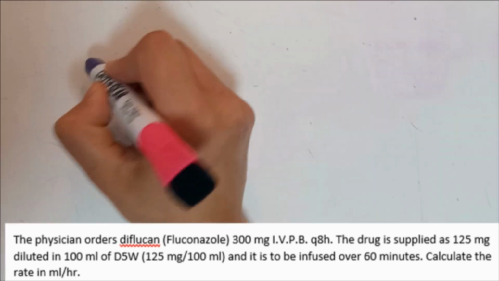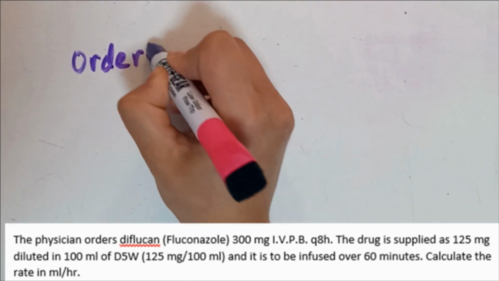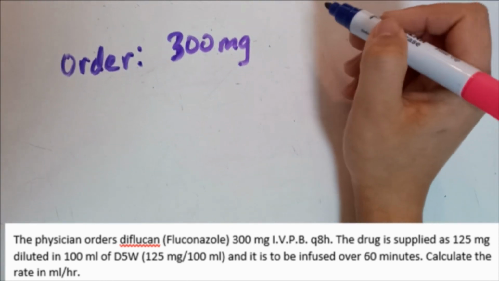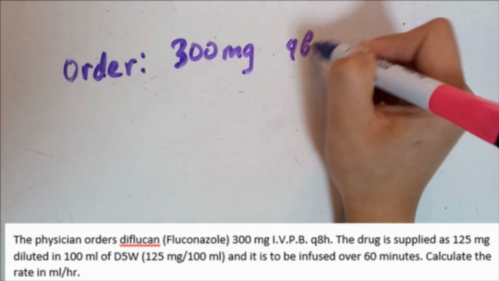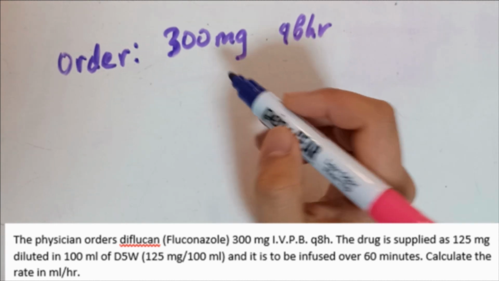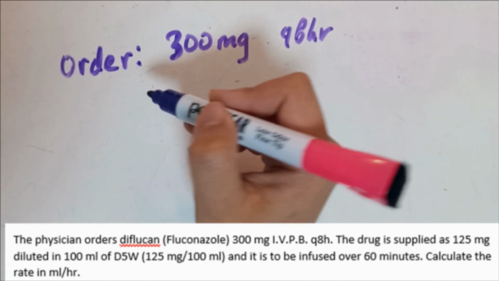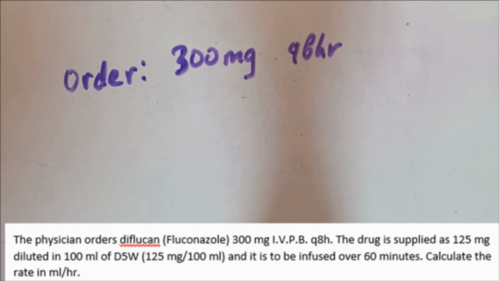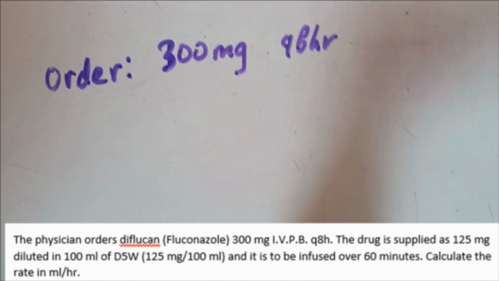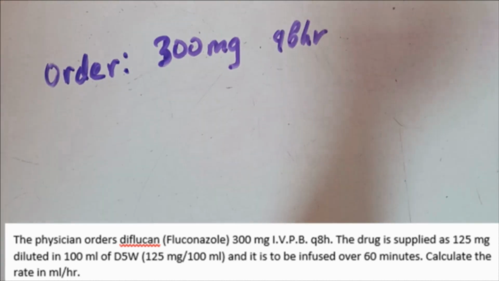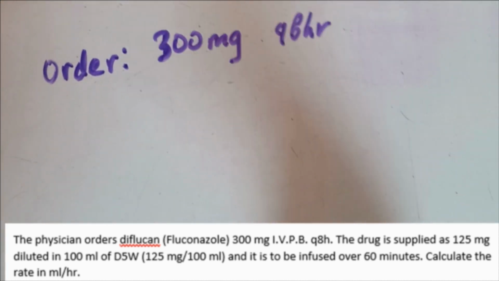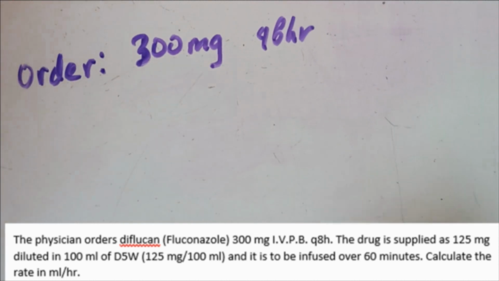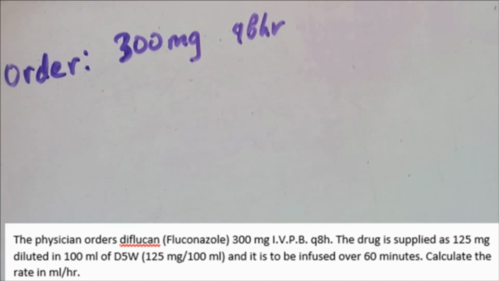So the order is for us to give 300 milligrams over 8 hours. Here they said 300 milliliters. Usually when I have these kinds of situations, I look for the final concentration, because sometimes they'll say the package says dilute the 300 milligrams in 1,000 milliliters to get a final concentration of, say, 200 milligrams in 1 liter.